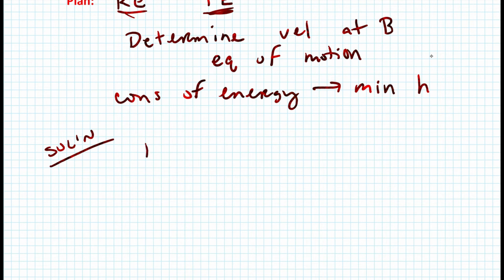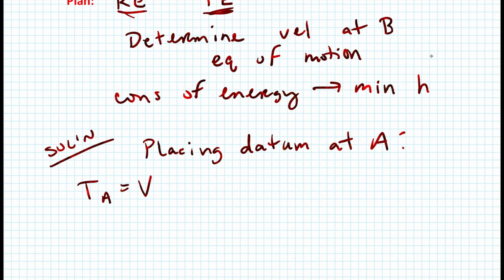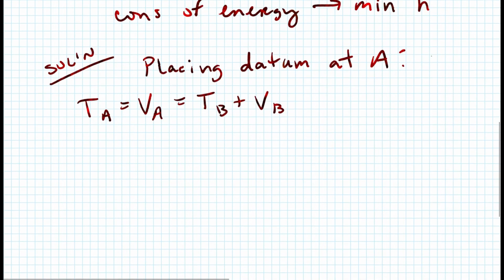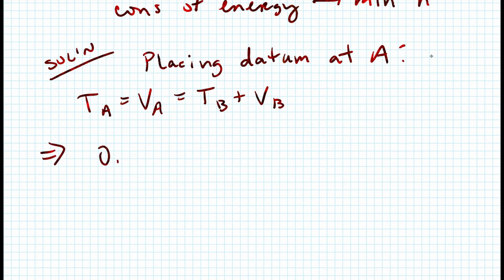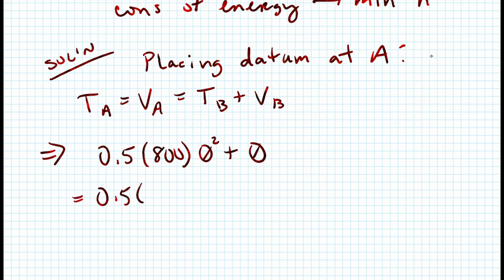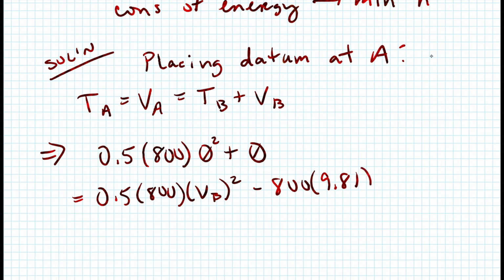Going to our solution, we're going to be placing the datum at A. So we have T sub A plus V sub A equals T sub B plus V sub B. For us, this yields 0.5 times 800 times 0 squared plus 0 equals 0.5 times 800 times V sub B squared minus 800 times 9.81 times (h minus 20).